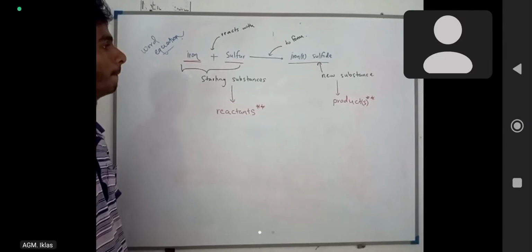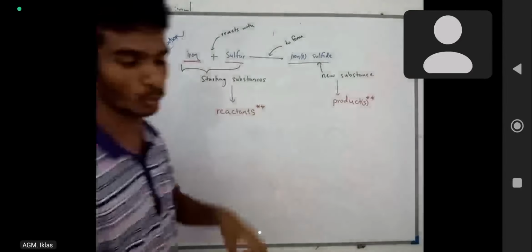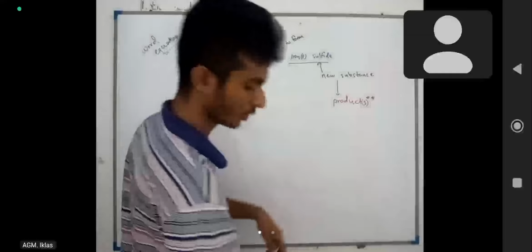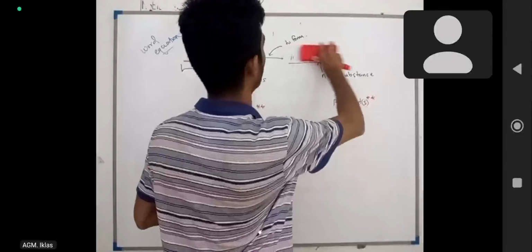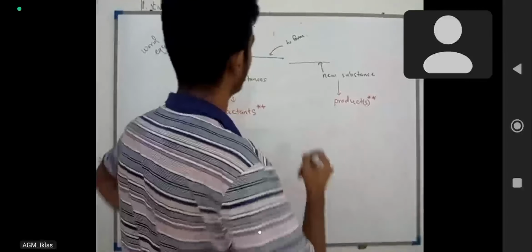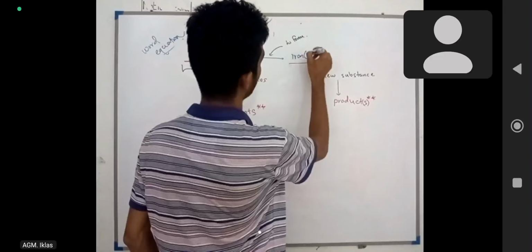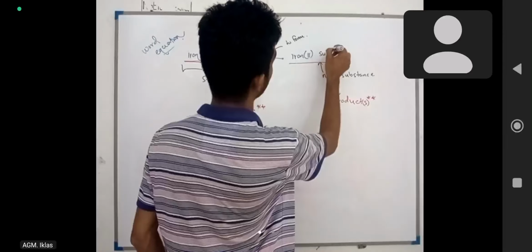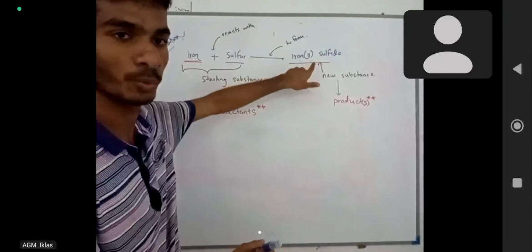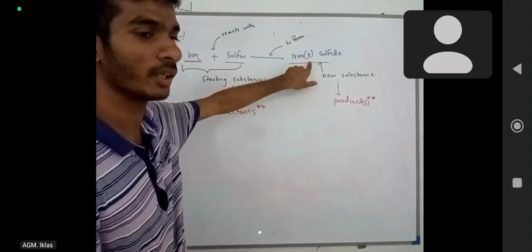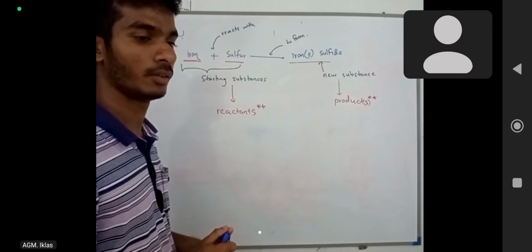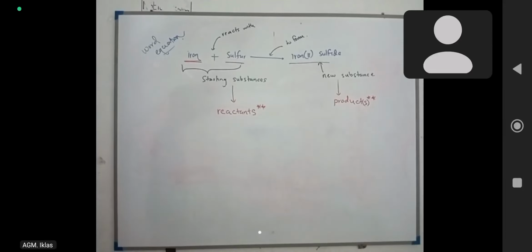What's written after iron? Iron 2, Roman 2. Why iron 2 sulfide?